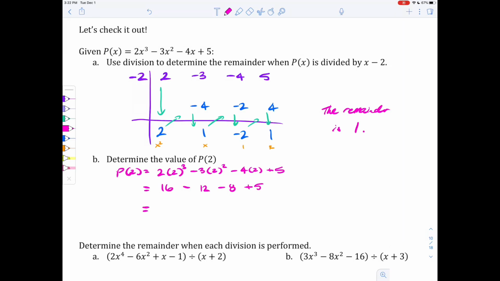And collecting all of that, 16 minus 12 is 4. Minus 8 from that, we're at -4, plus 5 is 1. And we're amazed because they're the same. So it's an example that shows us that at least in this case, the remainder theorem works.